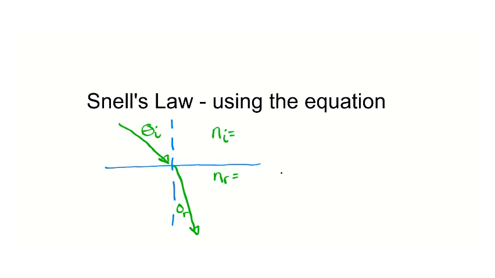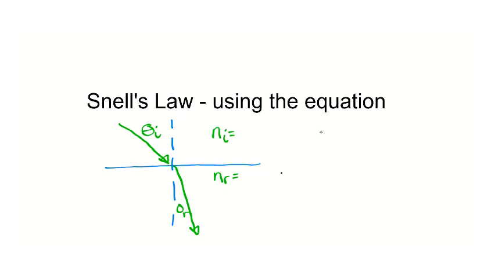So if it moves into a material that's more optically dense, it will slow down and bend towards the normal. If it moves into a material that's less optically dense, say going from glass to air, it will bend away from the normal.